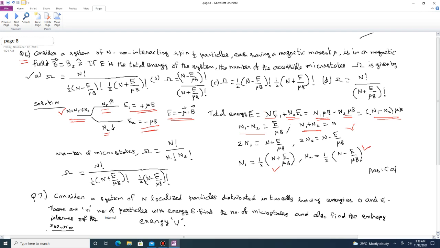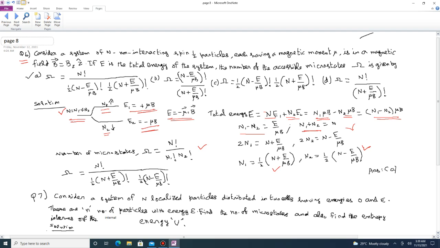Let us go back to the expression. The number of microstates omega is equal to N factorial divided by N1 factorial into N2 factorial. Because this is a two-level system, in the denominator we have only two values, N1 factorial and N2 factorial.